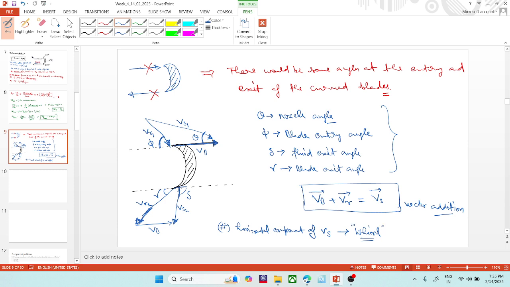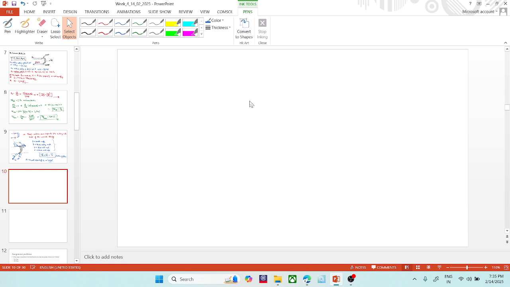This thing we have to keep in mind. And for this configuration also we will determine the maximum power and the optimum blade speed. So the impulse force for this configuration, we'll write.